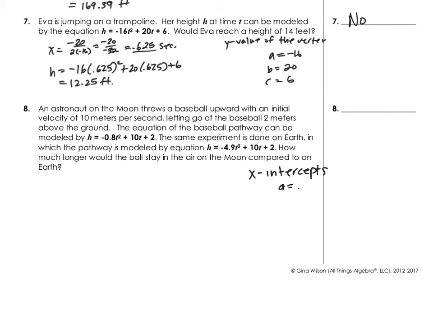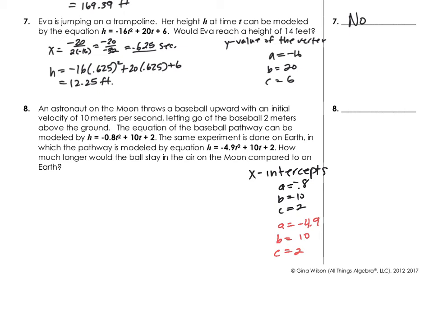A equals negative 0.8, B equals 10, C equals 2. Then I'm going to do the other one in a different color. A equals negative 4.9, B equals 10, C equals 2. So the main difference is the A value.